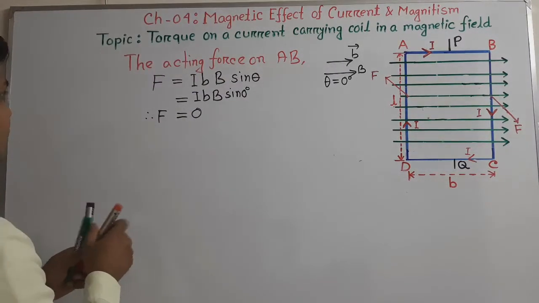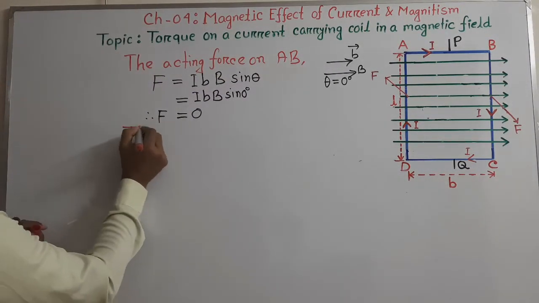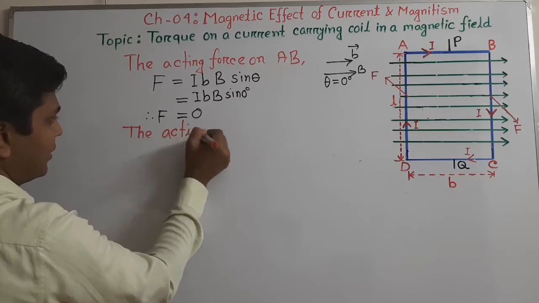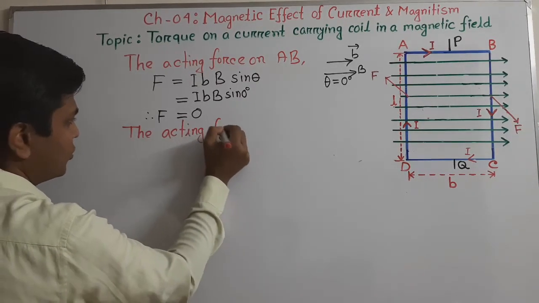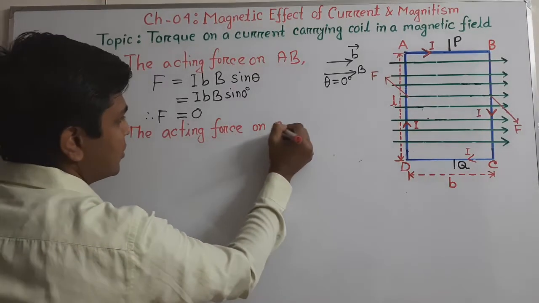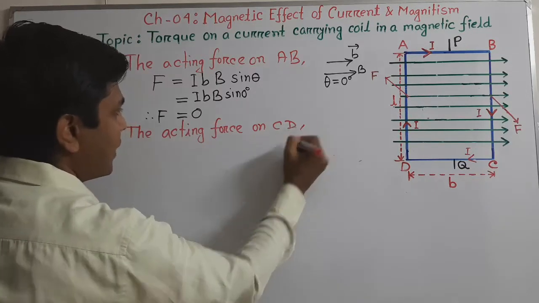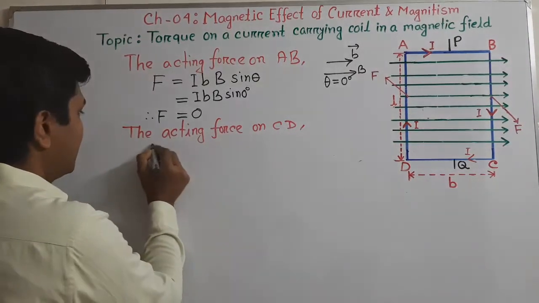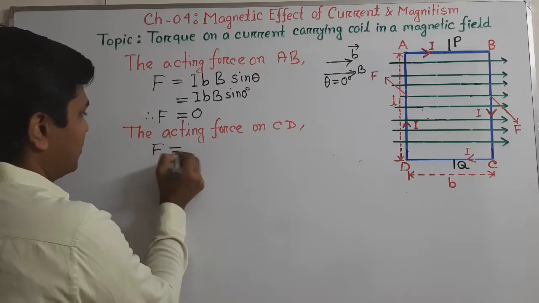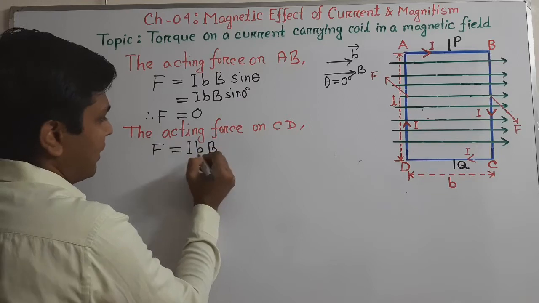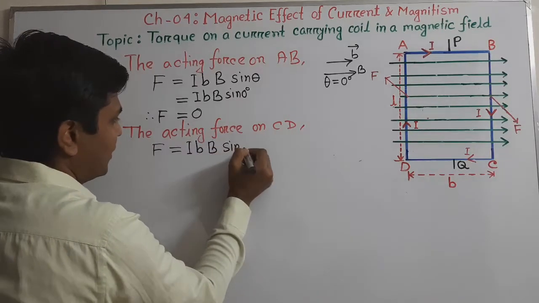The acting force on CD. The same formula: F equals current I with magnetic field B into sine theta.